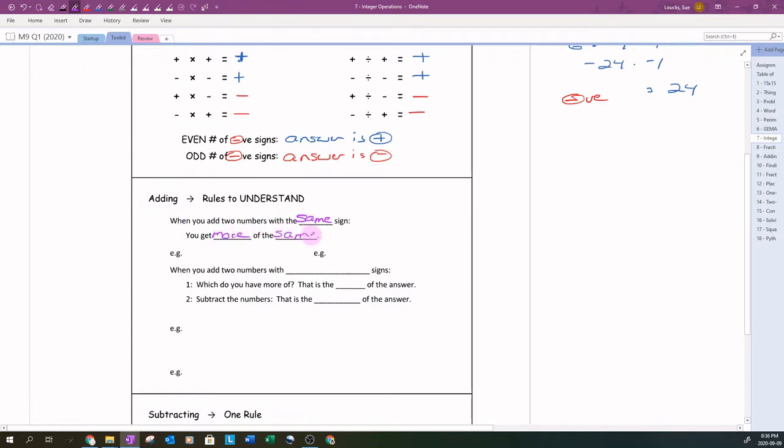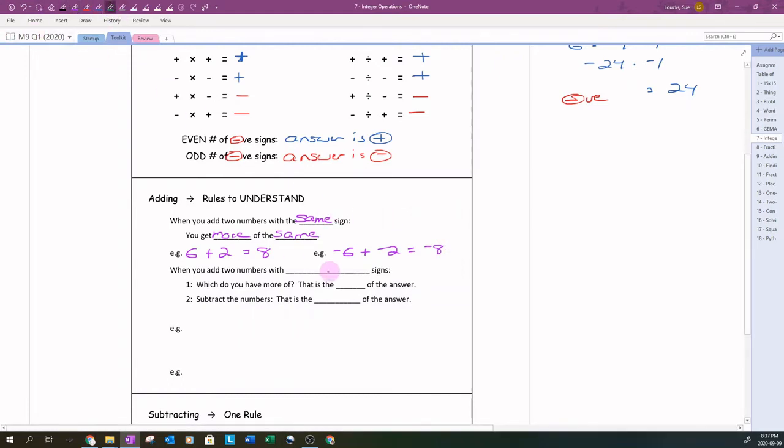That makes sense. So if you go 6 plus 2, well, I have 6 positives and 2 more positives, so I have 8. They're all positive. Or if I have -6 and I add -2, well, I had some negatives and then I added some more negatives. So everything I have is negative. I have a whole bunch of negatives and I have -8. Okay?